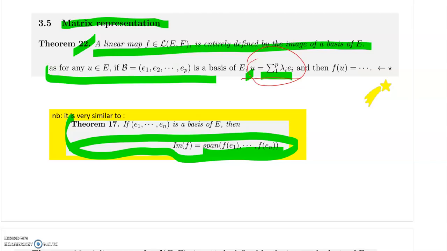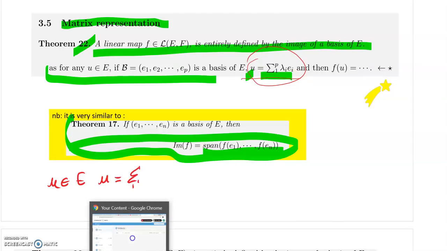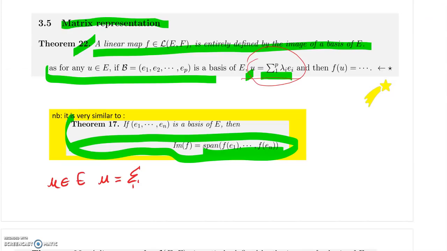Okay, so what did we have? We had that U belongs to E, so U could be written as a linear combination. We had P elements, so the sum from 1 to P of coordinates lambda I EI.